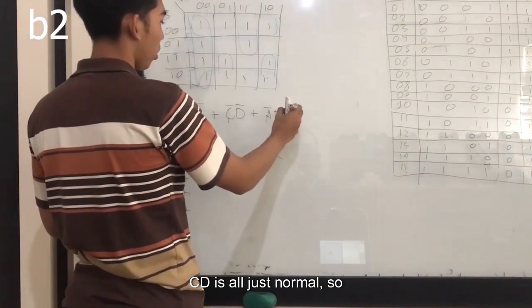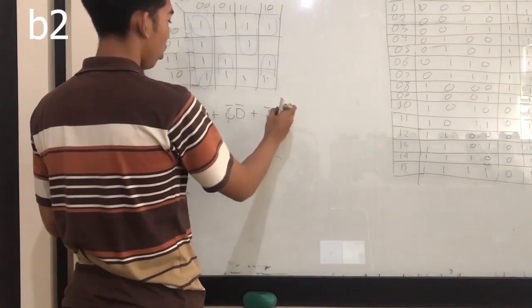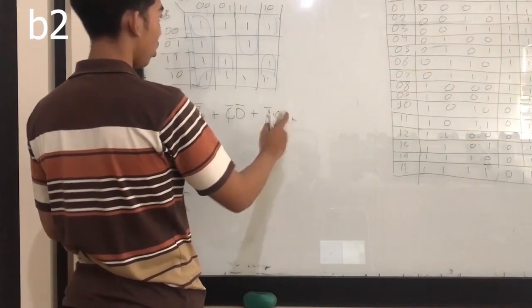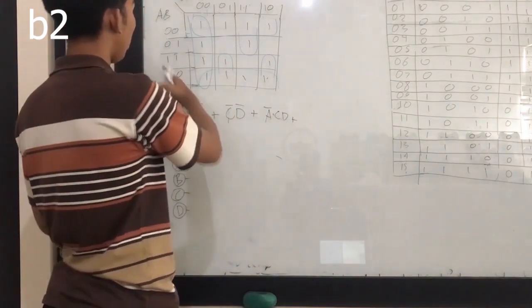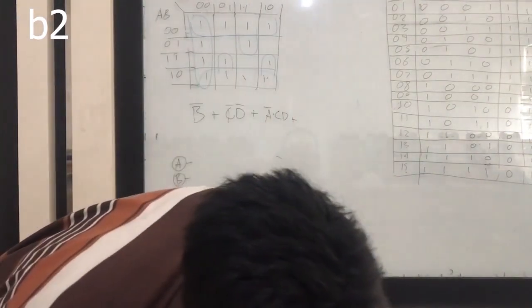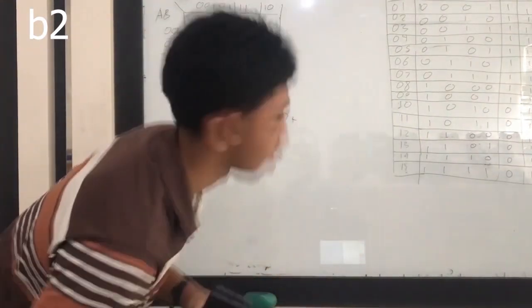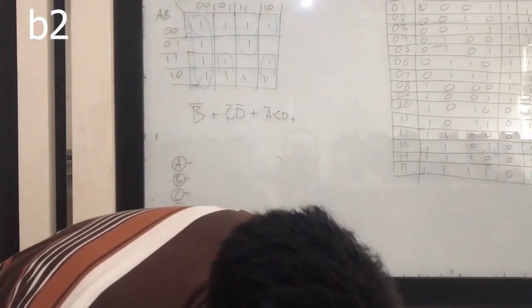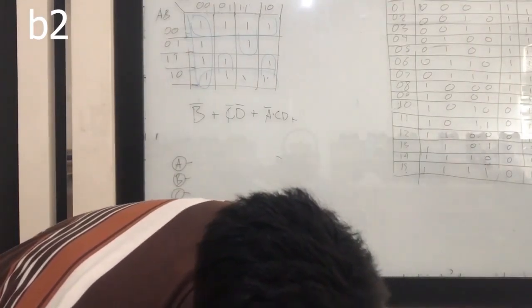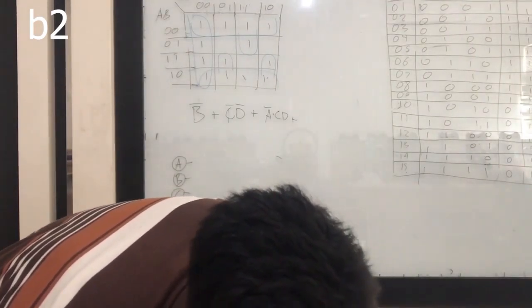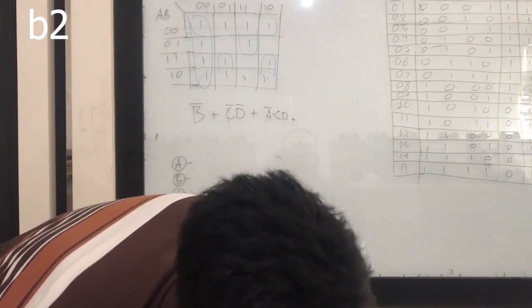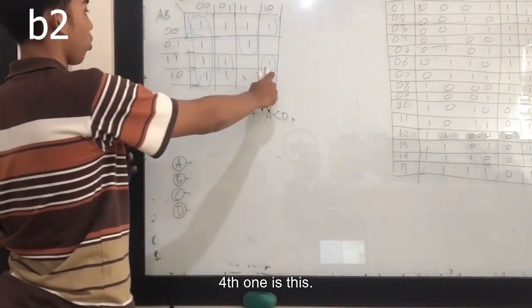CD is all just normal, so CD. Okay, move on to this. A. Not C. C inverse.